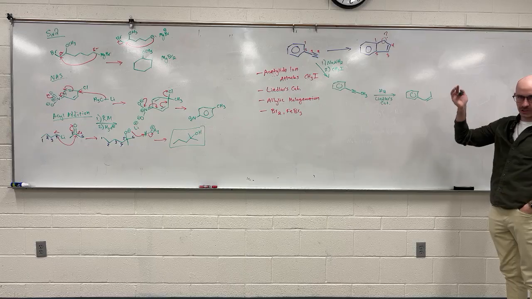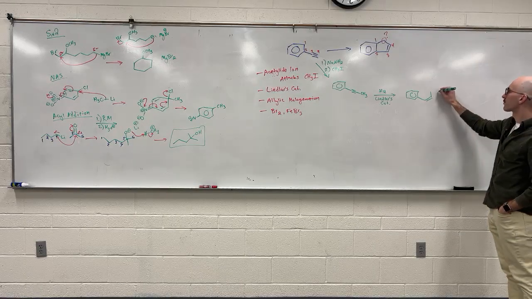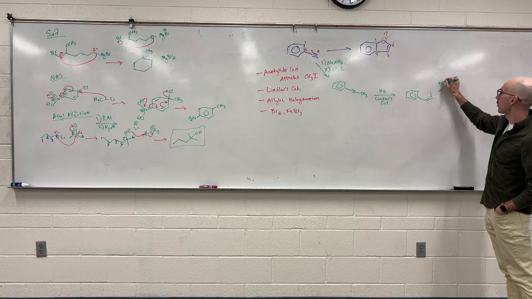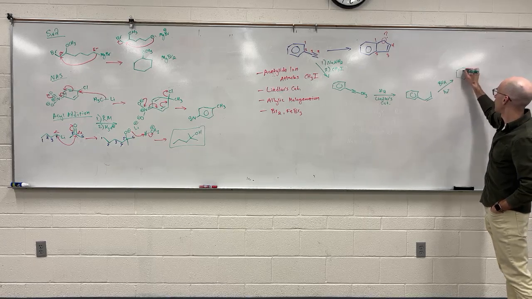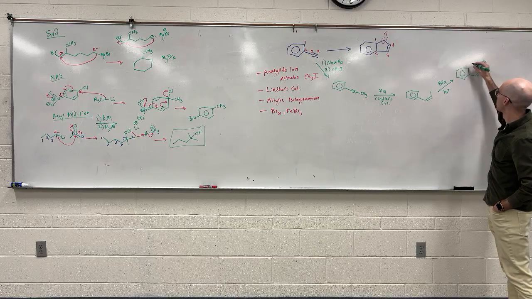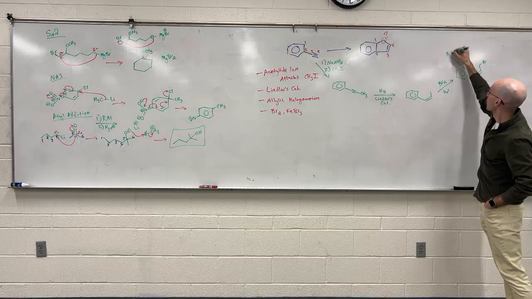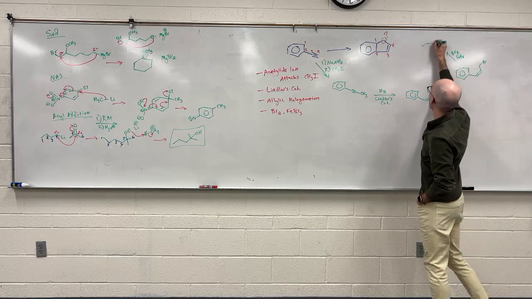From here, I could do either of my halogenations in either order. I'm just going to stay with what we discussed as we were brainstorming. I'll do my allylic halogenation first. Then I'll do my aryl halogenation.